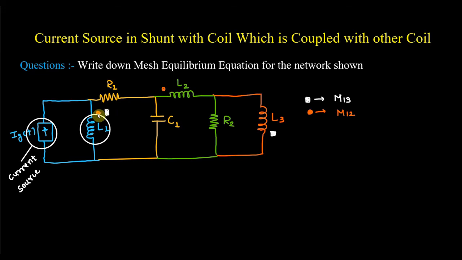You can see one orange dot and one box. So L1 is mutually coupled with L2, and L1 is also mutually coupled with L3.